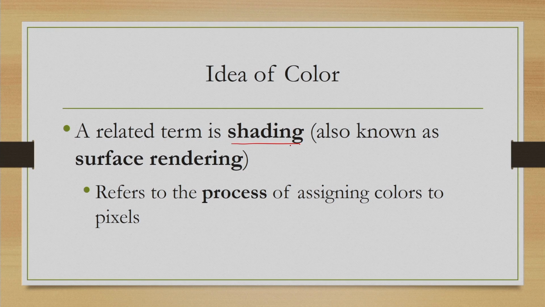Sometimes another term is used, that is called shading, also known as surface rendering. This term refers to the process of assigning colors to pixels. A minor difference, earlier we were talking of assigning color to any surface point, now we are talking of assigning colors to pixels.